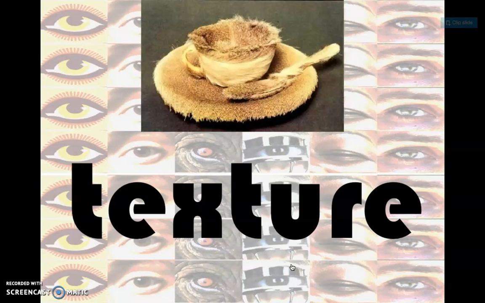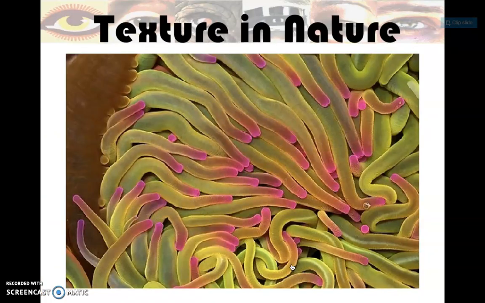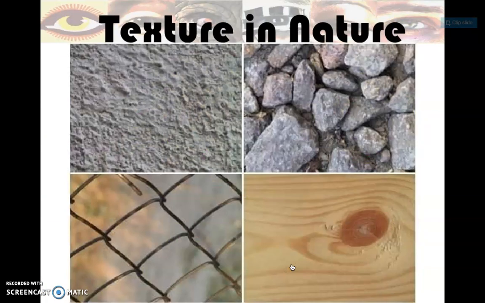You could touch it, or you can do different lines or shapes to make it look like it has texture. Okay, so yes, texture is the surface quality or feel of an object, and it could be smooth, rough, soft, etc., like I explained.